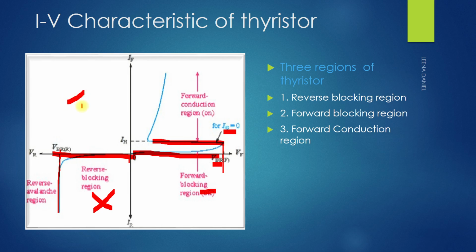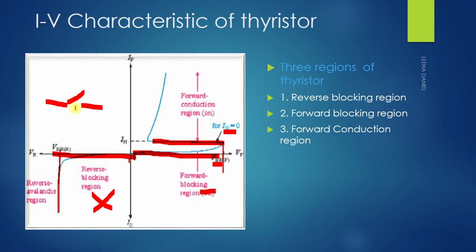If I represent this as the switch, when the switch is off, there is no current in the circuit. It is an open circuit. It works as an open switch, and only voltage is applied, like reverse voltage or forward voltage, across this switch.